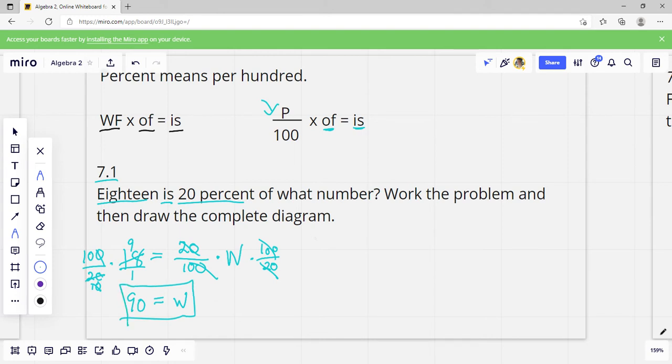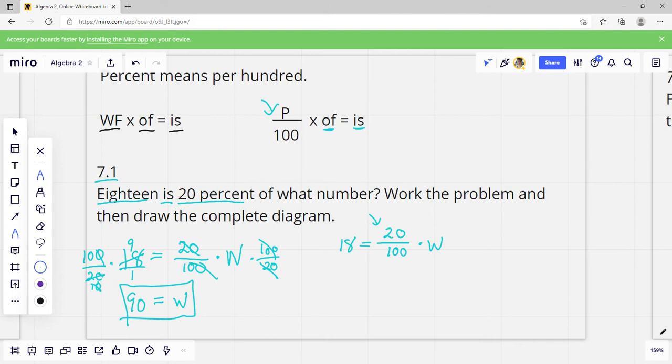The other way we could do it, let's write it back out. It's the exact same thing, we're just taking our step a little bit differently. So 18 is 20 over 100, 20%, times W. So instead of flipping this fraction, we can get rid of this fraction. We can just say that this fraction means 20 divided by 100.